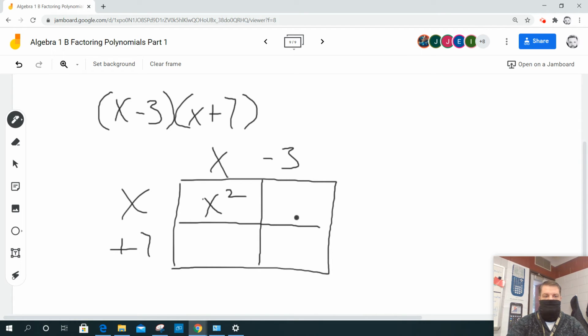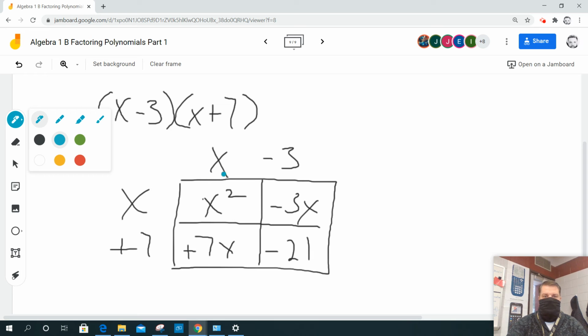Negative 3 times x is negative 3x. X times 7 is a positive 7x. And negative 3 times positive 7 is a negative 21. Remember that the like terms are usually lined up in this diagonal.